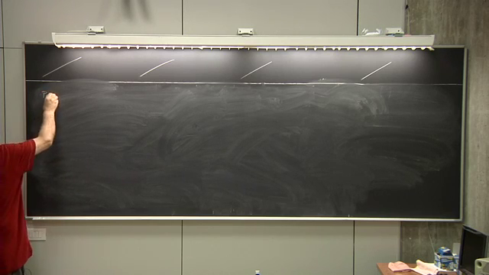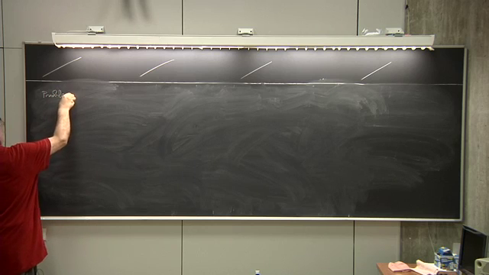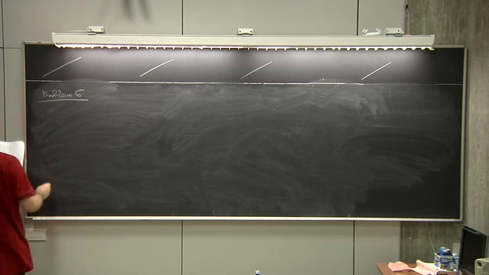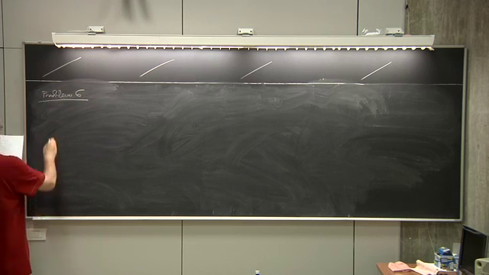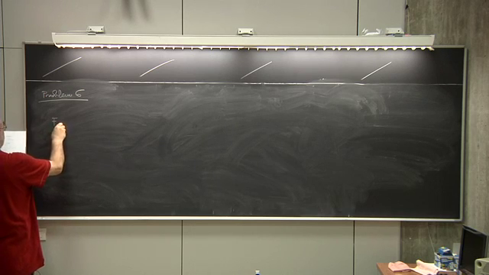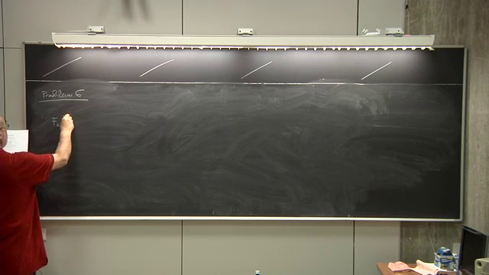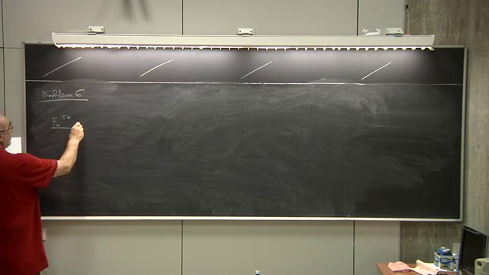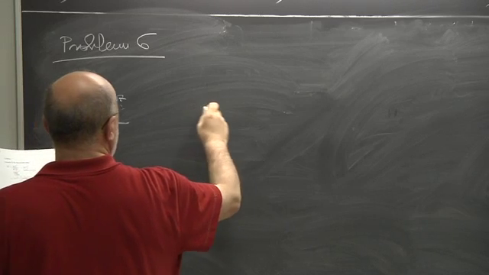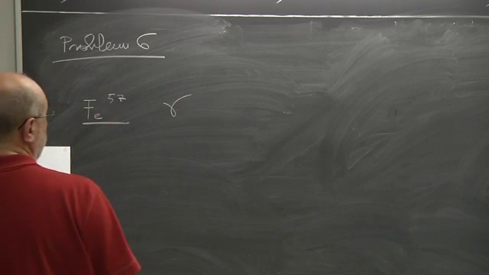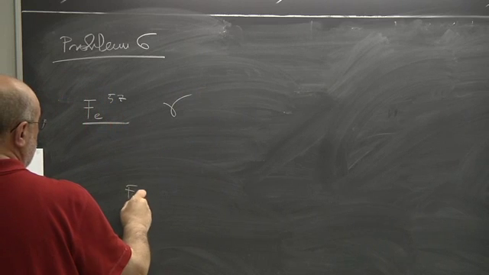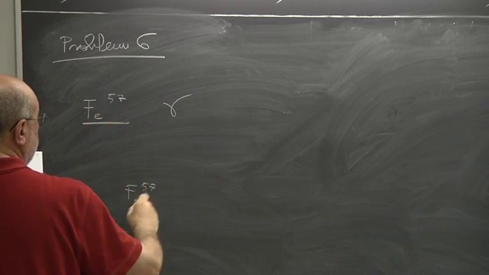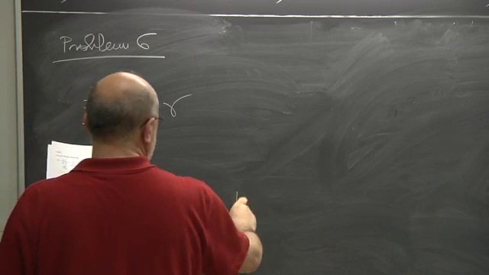Problem 6. Now, you have a nucleus of iron, Fe-57, and this nucleus emits a gamma, a photon. Okay, so that means first it is at rest, and then you have this situation.